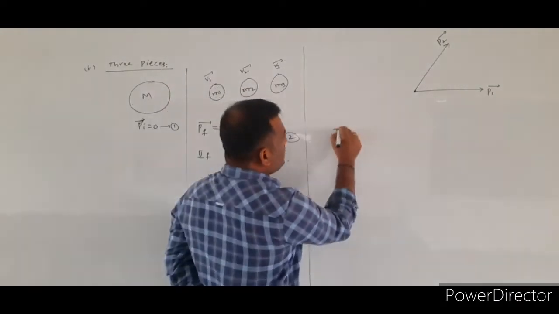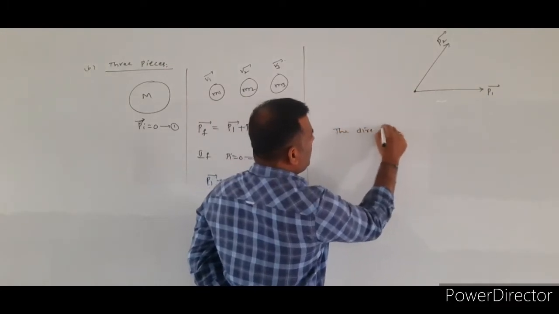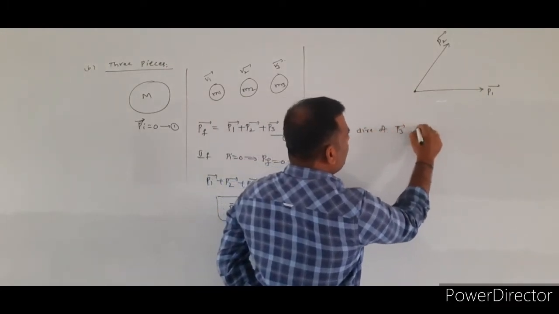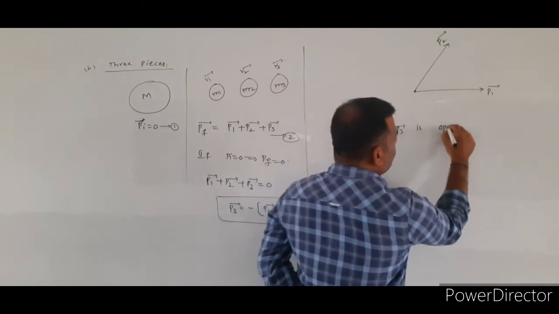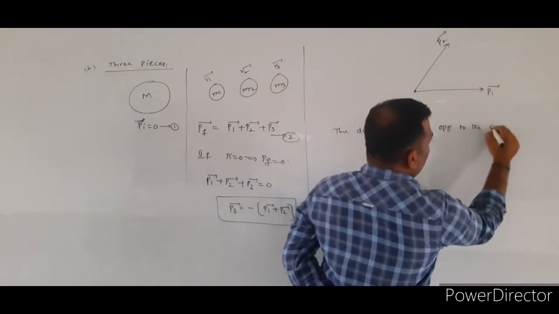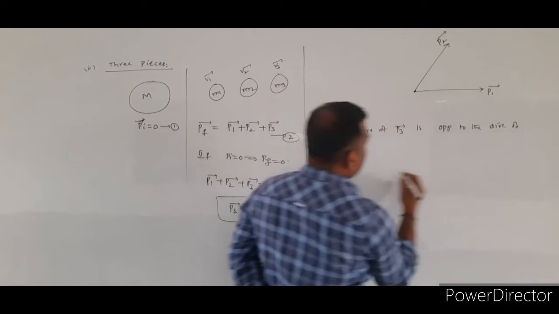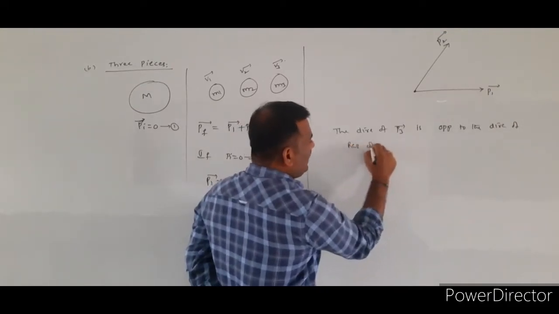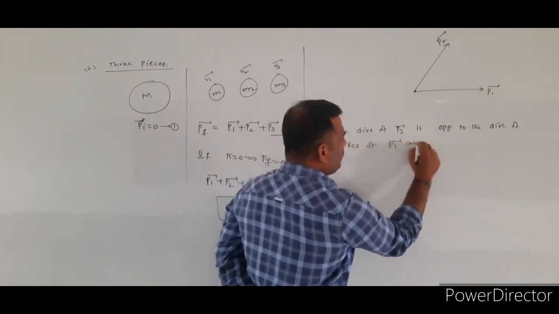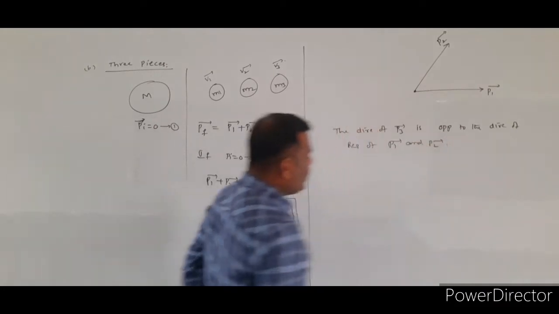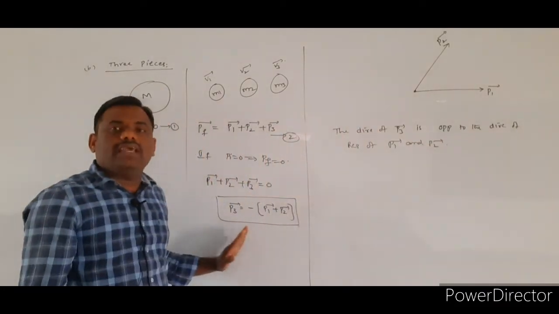So the direction of P3 bar is opposite to the direction of the resultant of P1 bar and P2 bar. That is the meaning of this equation.